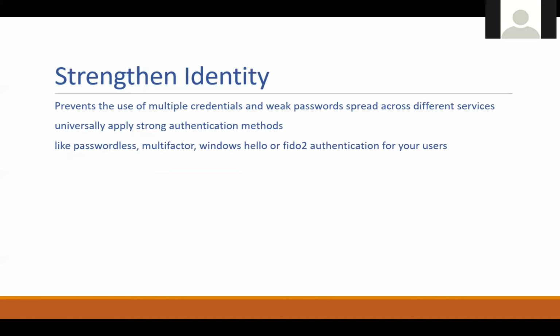And through the features that Azure Active Directory has, you can increase the security of your identities by preventing multiple credentials being used in different locations, with weak passwords spread across different services, universally applying strong authentication methods like passwordless authentication, multi-factor authentication, Windows Hello authentication using biometrics such as fingerprints or facial recognition, and FIDO2 authentication for your users.